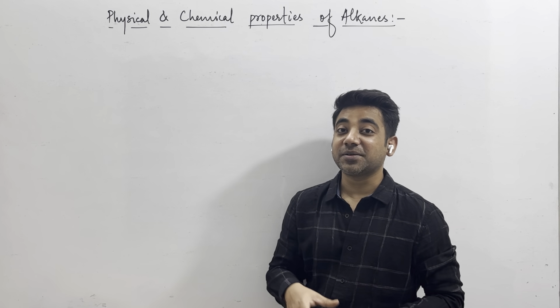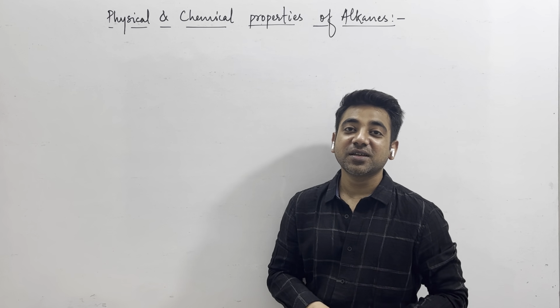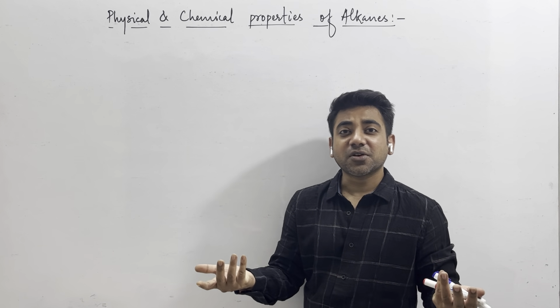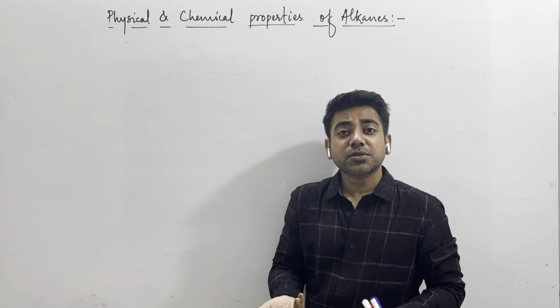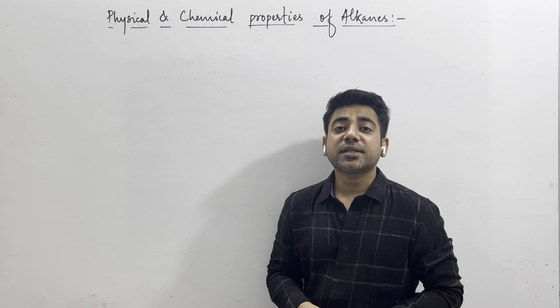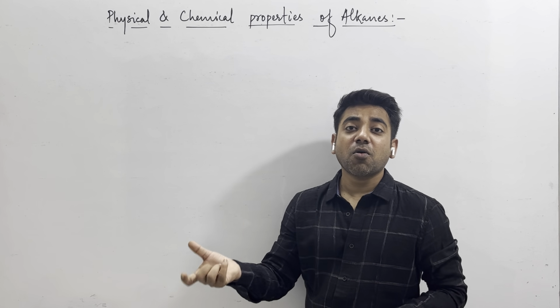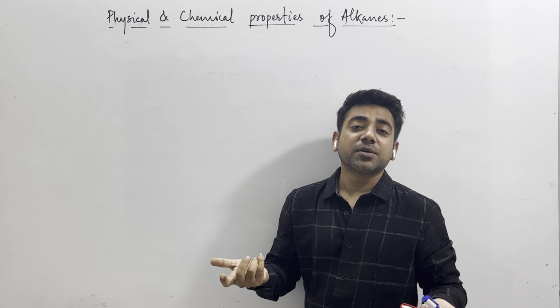Again, you can have one-mark type questions based on this. You may be given a few compounds of alkanes, or altogether alkanes, alkenes and alkynes, and you will be asked to arrange those compounds in increasing or decreasing order of boiling points.